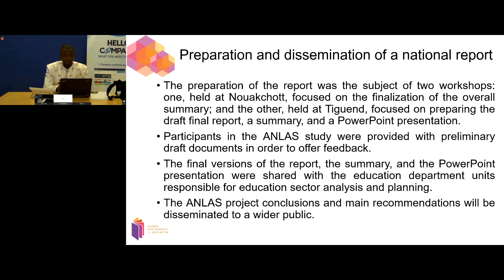What must be said for the preparation of the report is that we had to draw the different recommendations and the different results after the consultation of the different stakeholders. The national team, with the help of the Mauritania focal point and the Confirmem focal point, consolidated the different data and the different results that we got from the assessment.